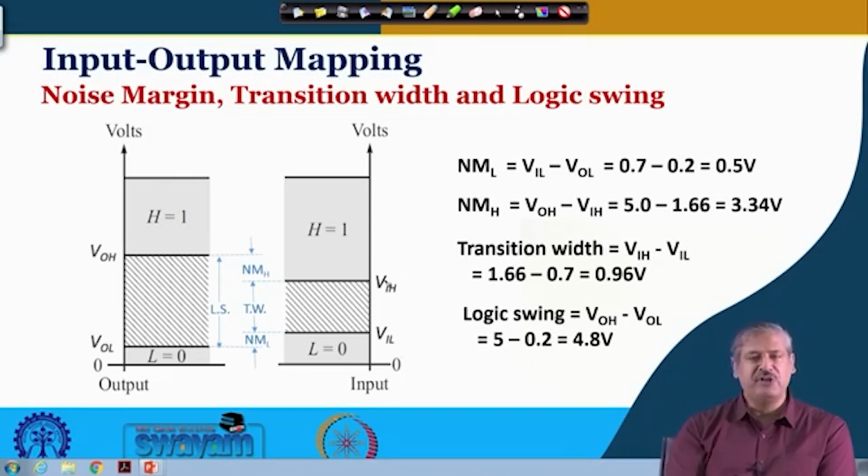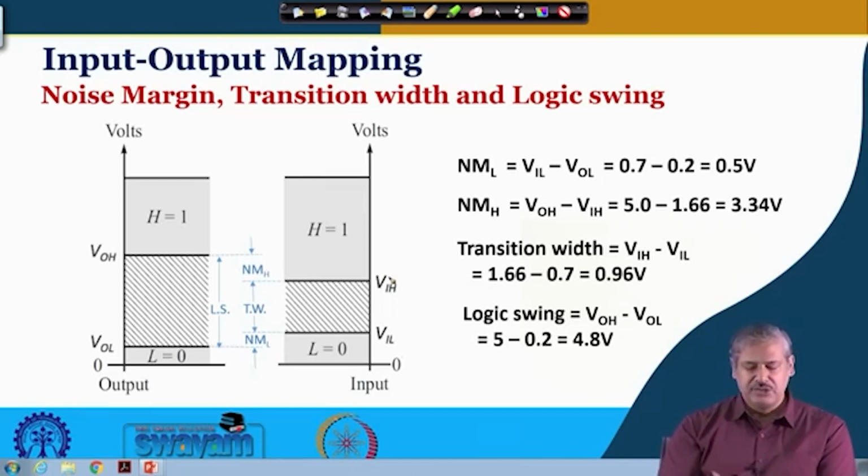In that example, it was 1.66 volt, any voltage more than that will be treated as logic high, and the output will be low at that time. So, the difference between VIL and VIH, the duration if we are continuously increasing the Vin input voltage, that is your transition width, the active region in which it is staying.